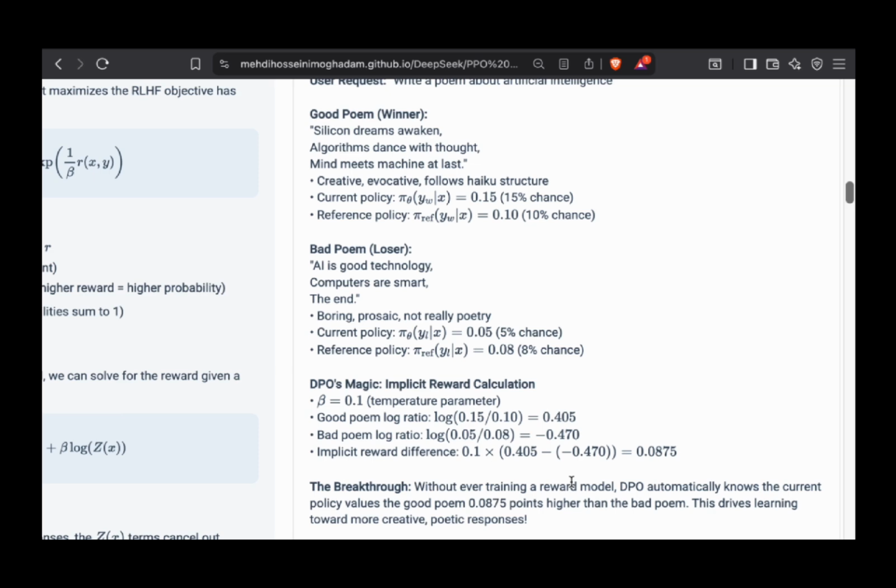What's the breakthrough? What's the fun part or the good news? Without ever training a reward model, this is very important, DPO automatically knows the current policy values. The good poem, for example, is 0.08 points higher than the bad poem. So this is a comparison between those two, and that's it, without even knowing any value function.